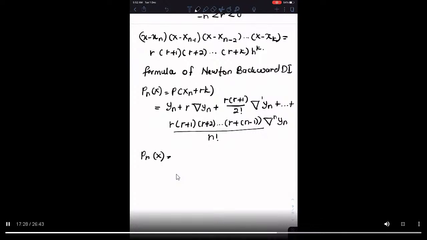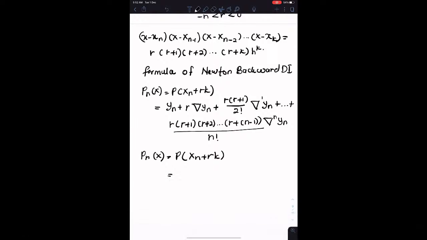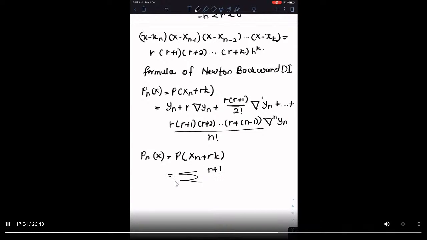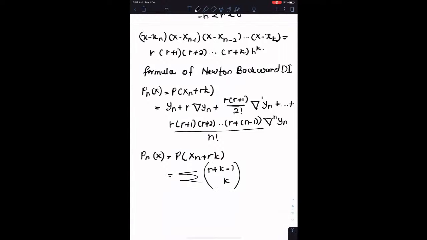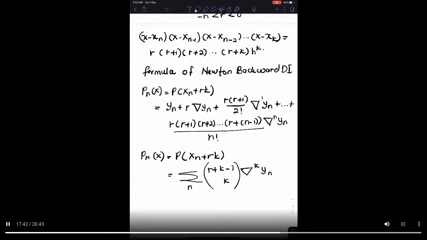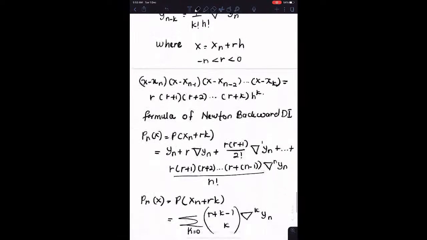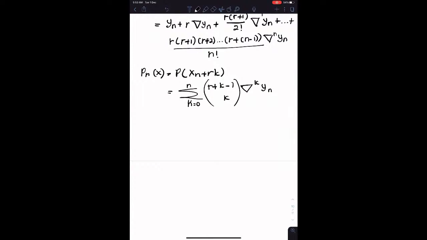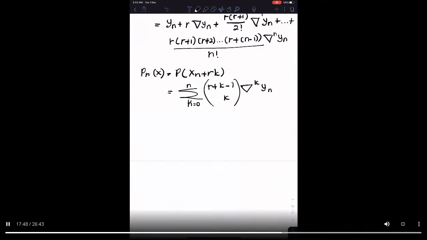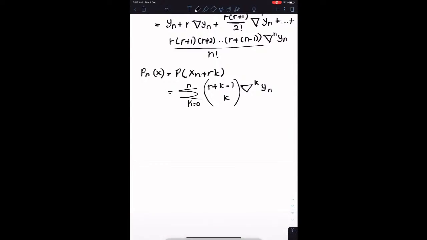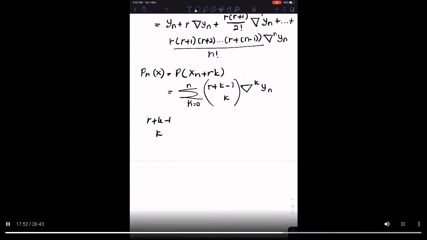So we give you some examples. For example, y(n plus rk). The formula can be written as r plus k minus 1 choose k, times backward del k yn, where k is between 0 and n. So what is r plus k minus 1 choose k?